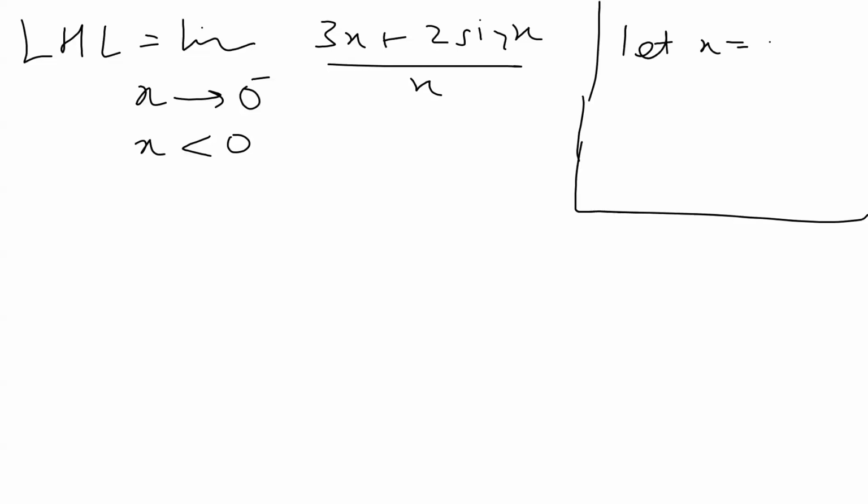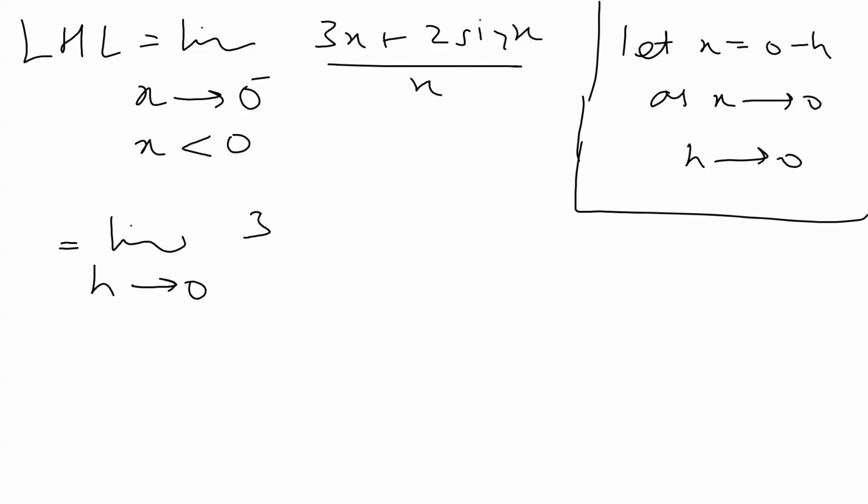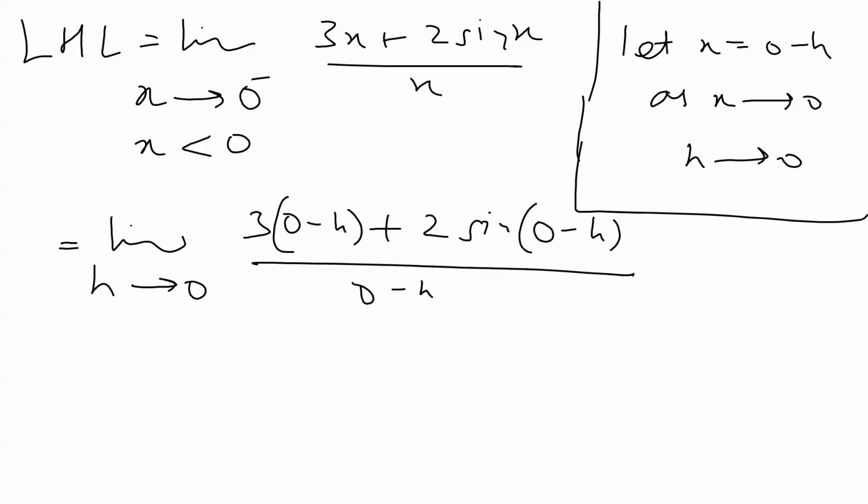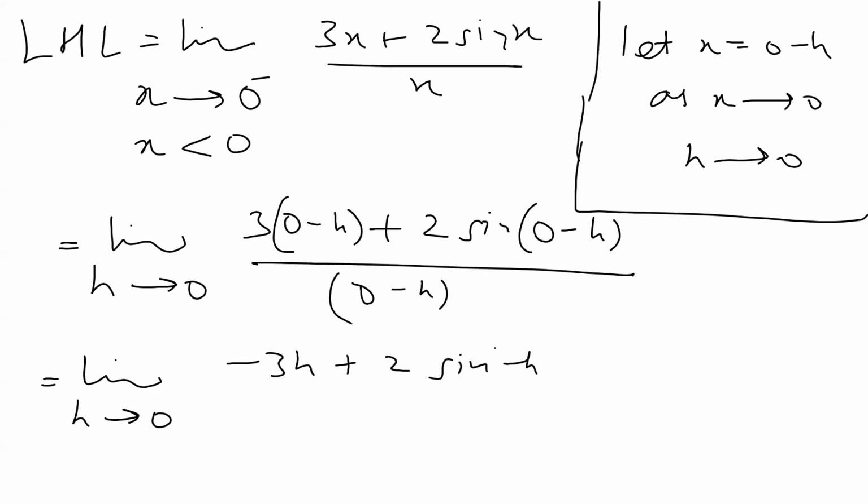Let x is equal to 0 minus h. As x becomes 0, h will also become 0. Limit h approaches 0, 3 into (0 minus h) plus 2 into sine of (0 minus h) upon (0 minus h). So limit h approaching 0, (minus 3h plus 2 sine of minus h) upon minus h.